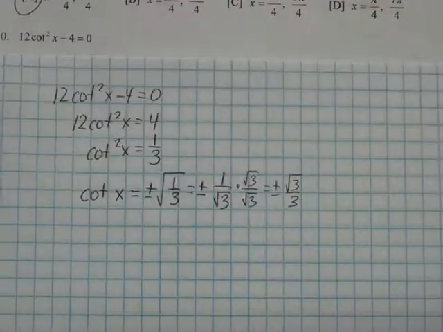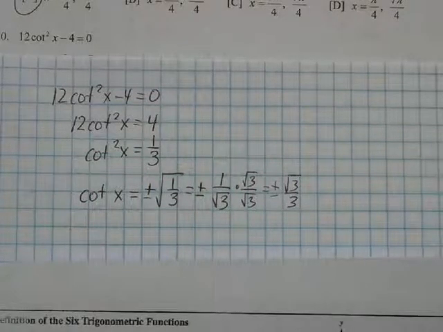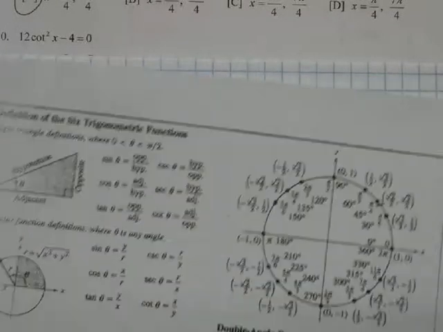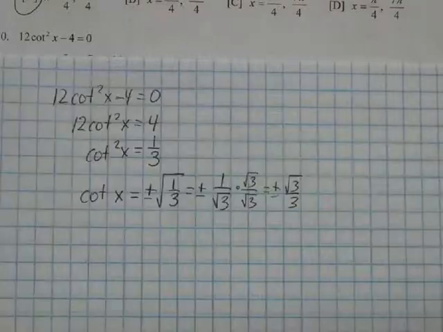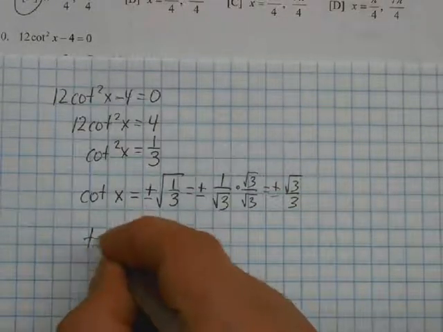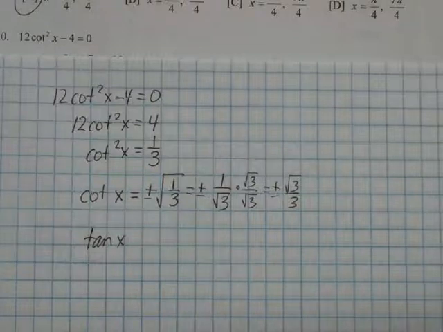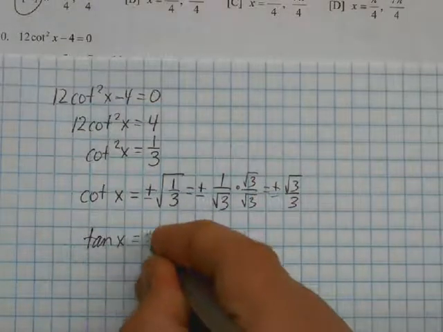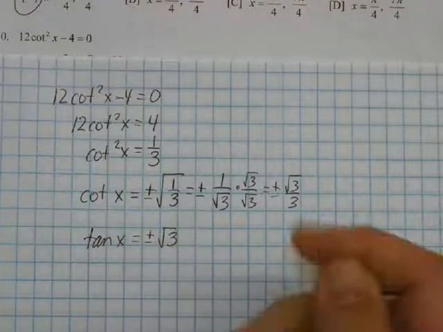Now, you don't have cotangent written on your unit circle. You have tangent. So my recommendation here is just take the reciprocal to find tangent. And so basically you get tangent x equals plus or minus radical 3.